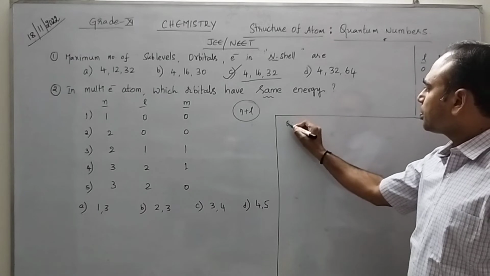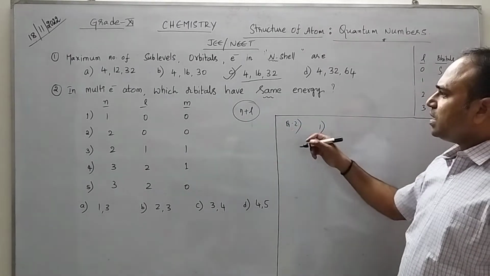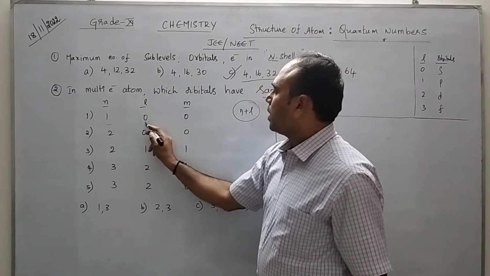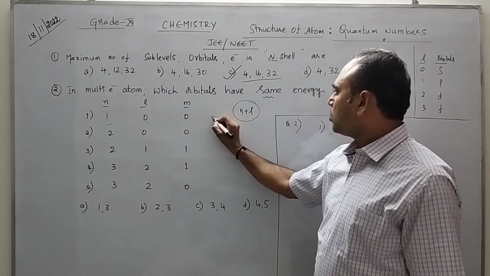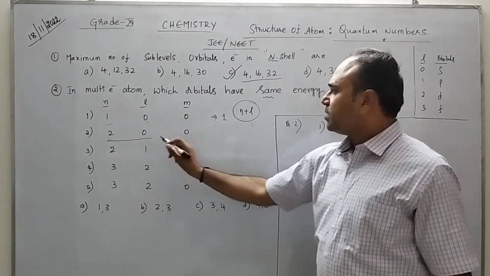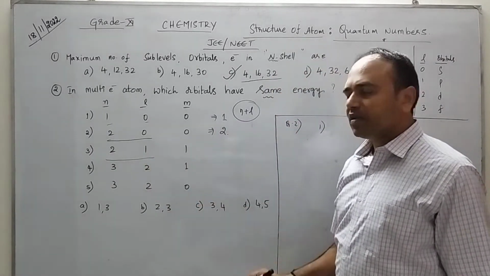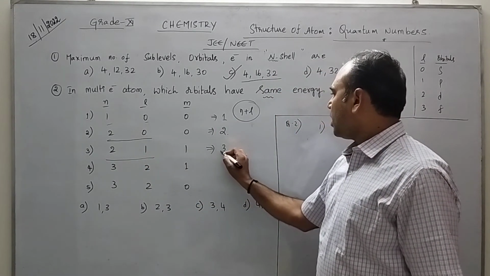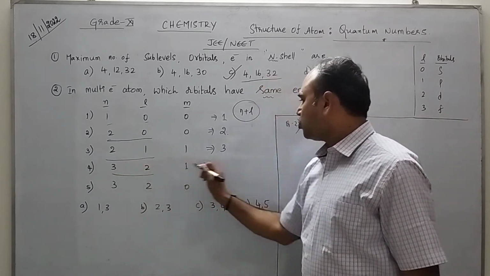First one, so option 1, we are having n is 1 and l is 0. So therefore what is n plus l value? 1 plus 0, nothing but it is 1. Second one, 2 plus 0, it is 2. Third one, 2 plus 1, the value of this is 3. Next, 3 plus 2, it is 5.